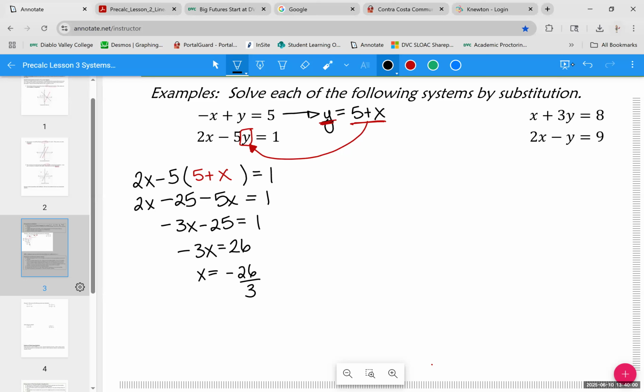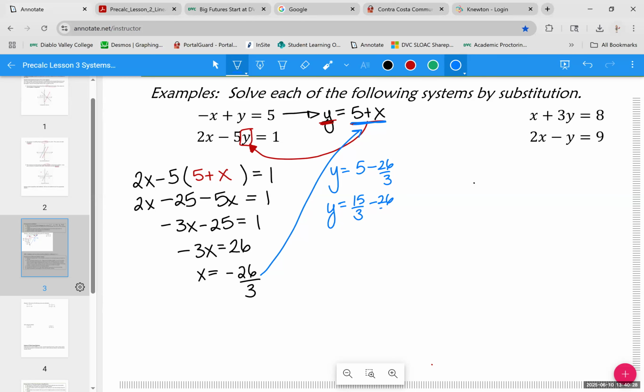And I need to find the y that goes with that. So I'm going to do another substitution. Up here I have that y is equal to 5 plus x. So I'm just going to substitute in what the x is. I guess I could write it as minus 26 over 3, considering it's plus a negative. And then just a quick fraction conversion there. 5 is 15 thirds.